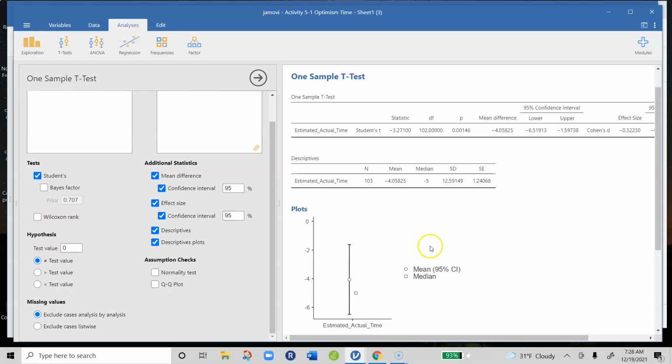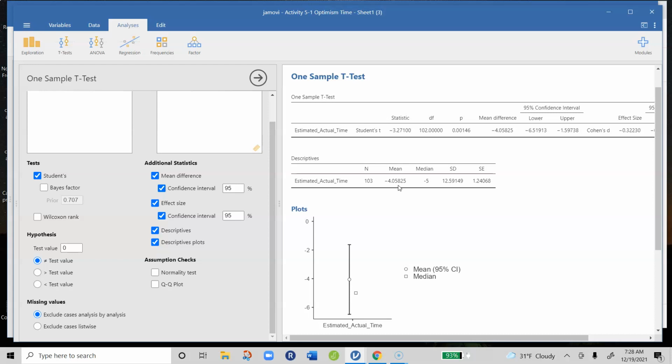All right, so in this output here, we have the one sample t-test data. The mean was negative 4.05825, right? And so that's showing us that people underestimated how much time it was going to take them to do that practice test by about 4 minutes.